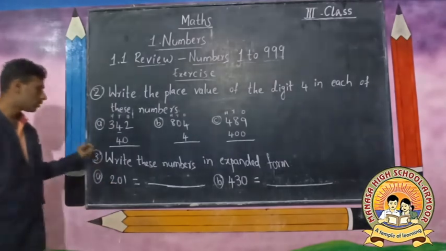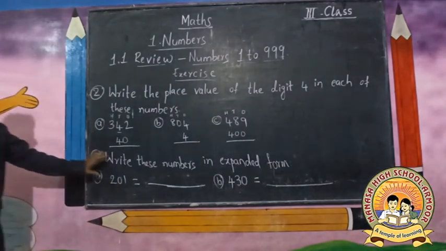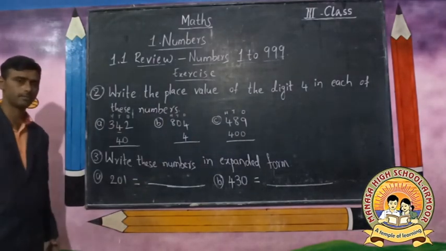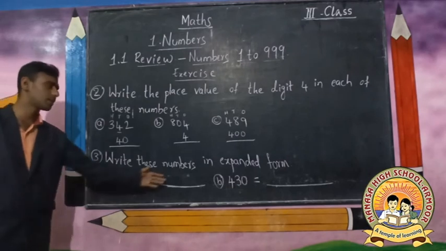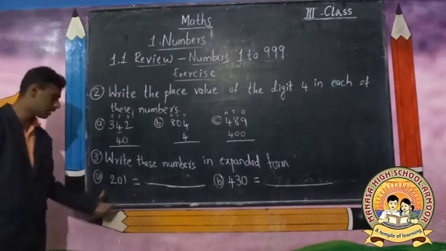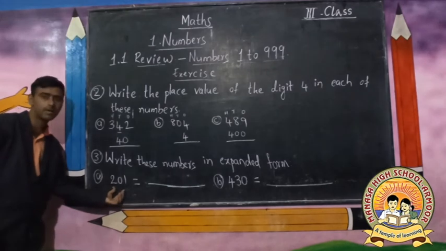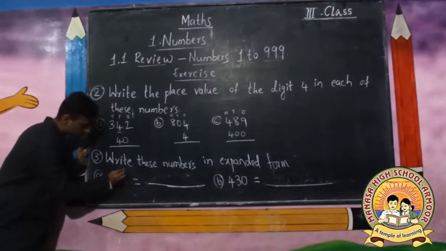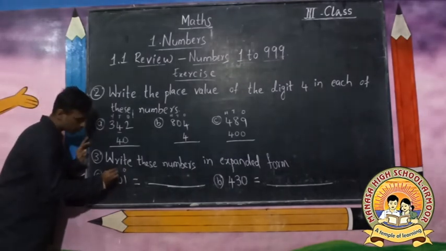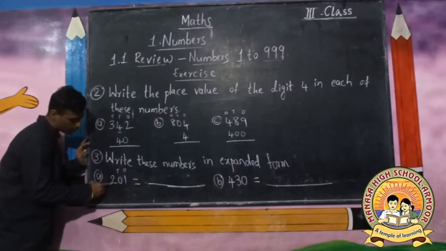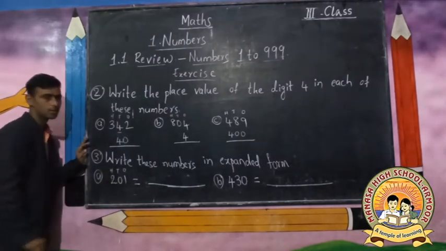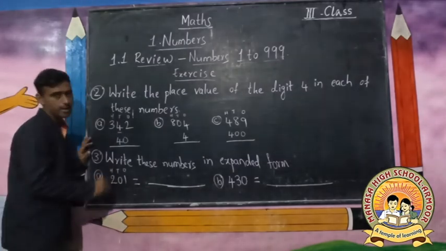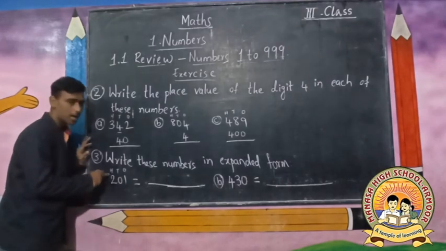Let us go to next bit. Write these numbers in expanded form. Here the given number is 201. So 1 in ones place, 0 in tens place and 2 in 100 place. So we have to write in expanded form. 2 in 100 place.